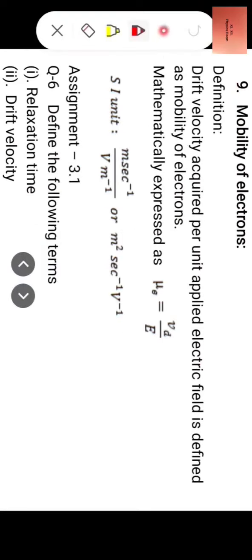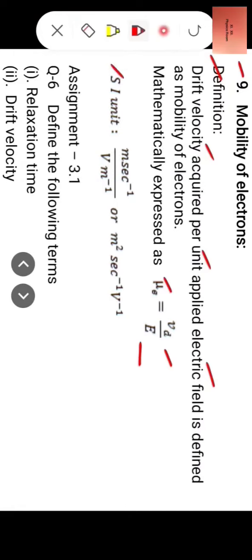9. Mobility of electrons. Definition: drift velocity acquired per unit applied electric field is defined as mobility of electrons, mathematically expressed as mu e is equal to Vd by E, where Vd is drift velocity of electrons, E is applied electric field, and mu e is mobility of electrons.